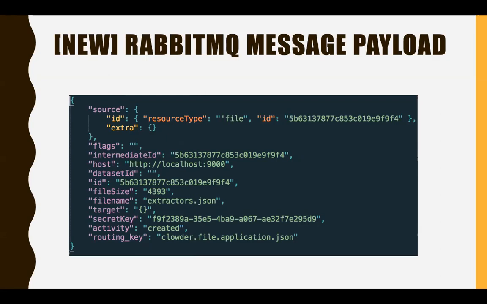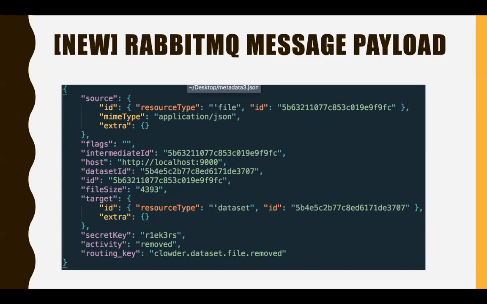So for example, if you look closely here at the bottom, you see the activity is created, and the source type is a file. So what we're saying is a file with this ID has been created, and then there's a bunch of other information, but that's pretty much it. So this is like the old type of message, the basic one.